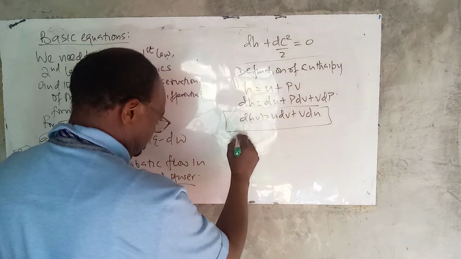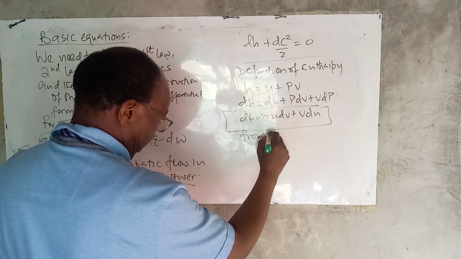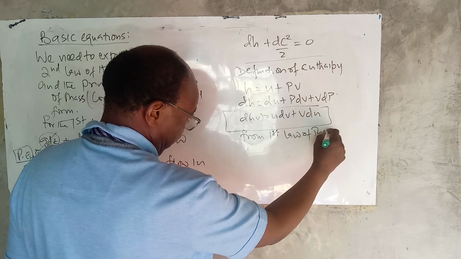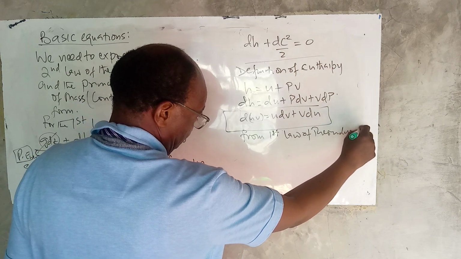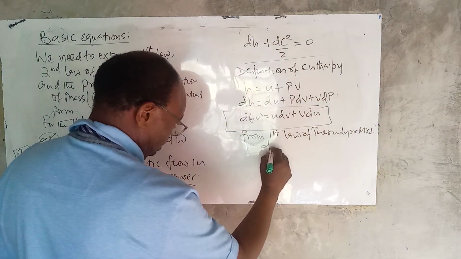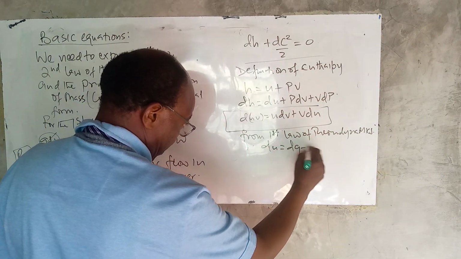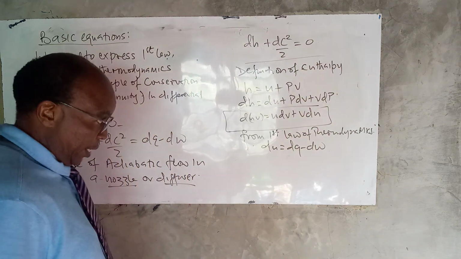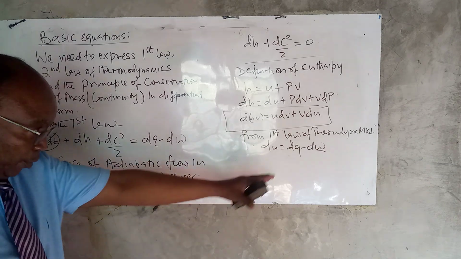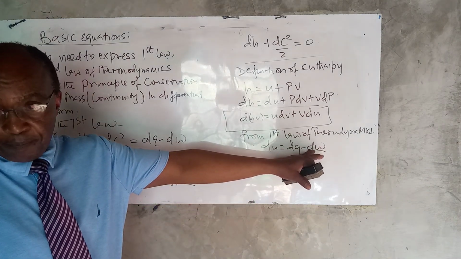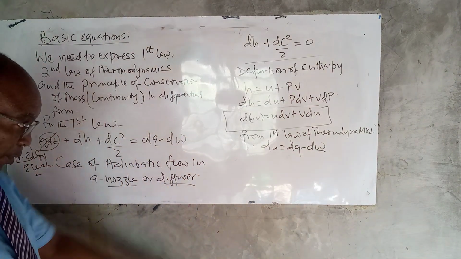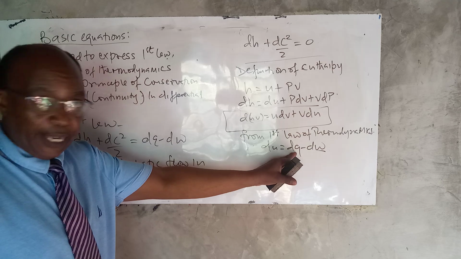And remember from the first law of thermodynamics, dU was equal to dQ minus dW. In the case of PV work, dW is P dV, and dQ is the heat.